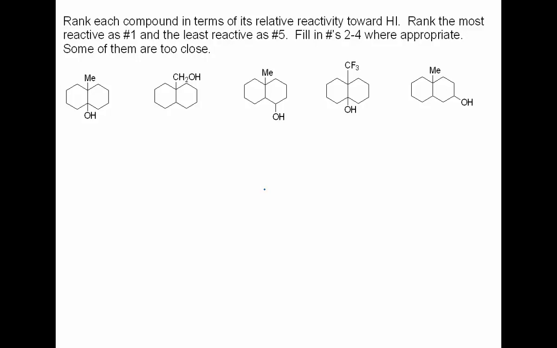So an important point here is that we're really looking at the carbocation intermediates that get left behind from the mechanism. Remember, the mechanism involves ROH with HI.